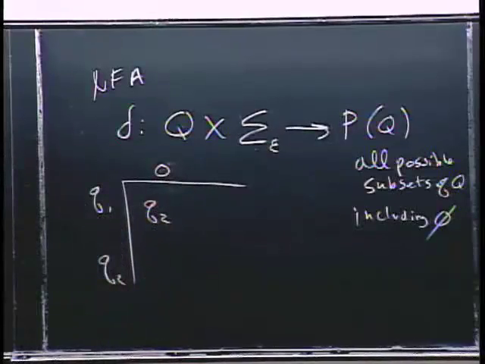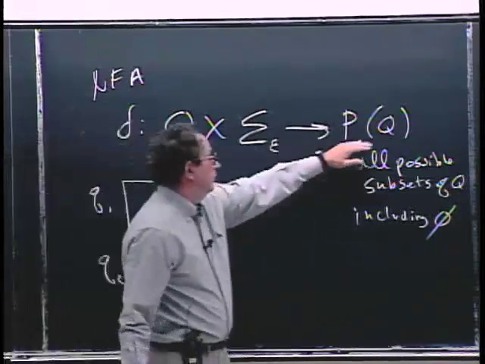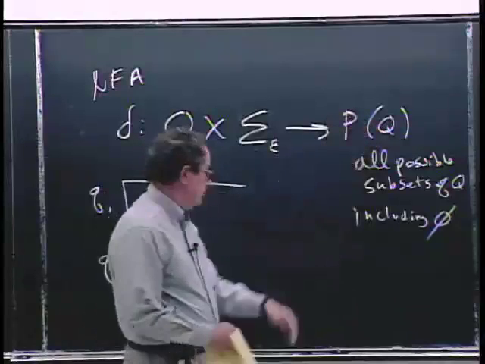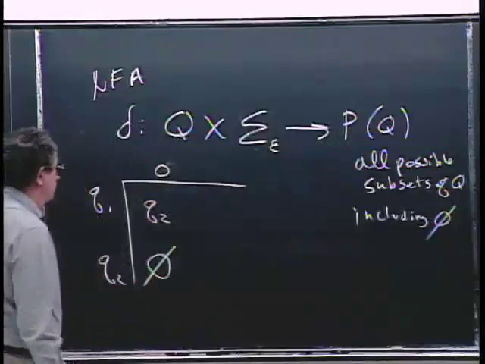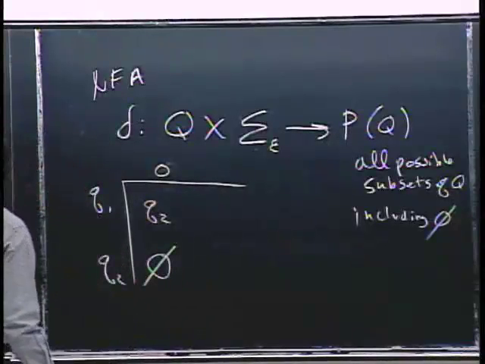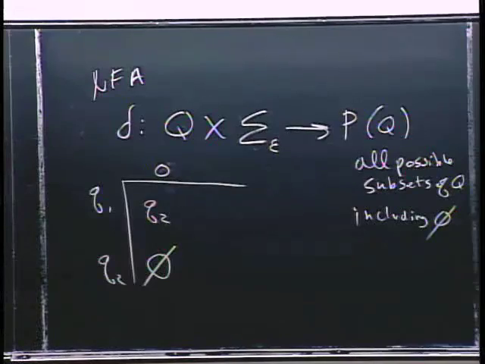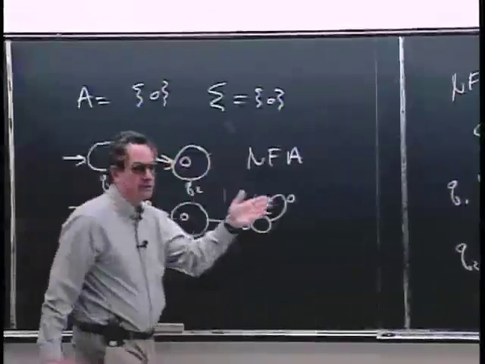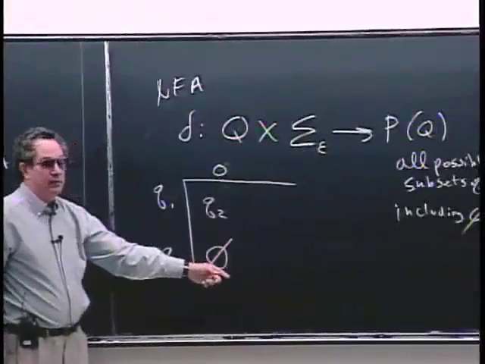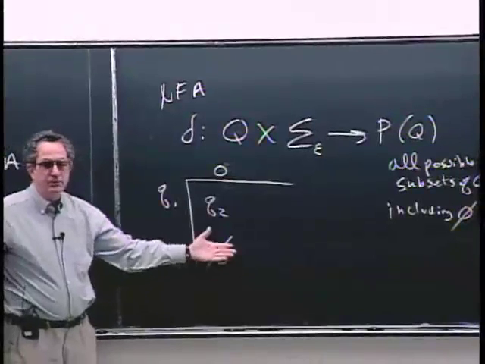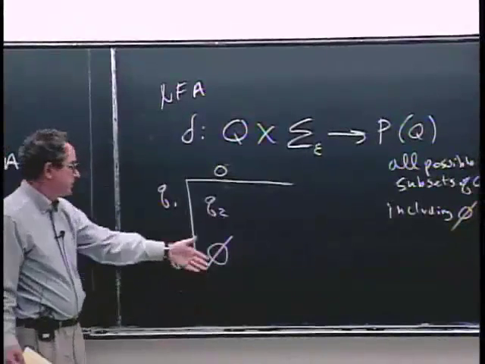But when you're in Q2 and you see a 0, what subset of states do you go to? The empty subset. So that's the way you formally write what this NFA is doing: it's going nowhere when it sees a 0, because this is the empty subset of states. That's just the formal mathematical way of saying it's going nowhere.